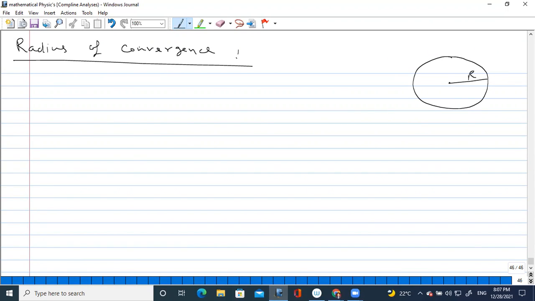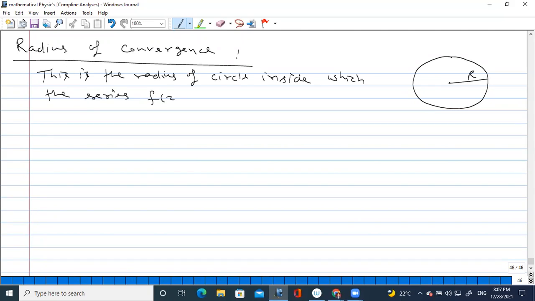So this is the radius of a circle inside which the series f(z) is converging.